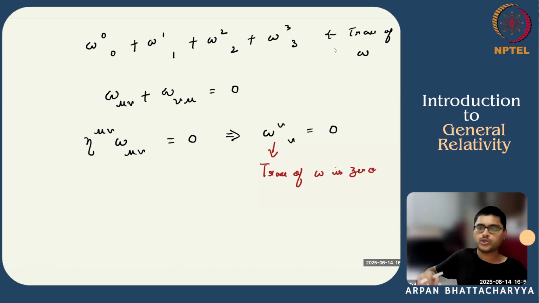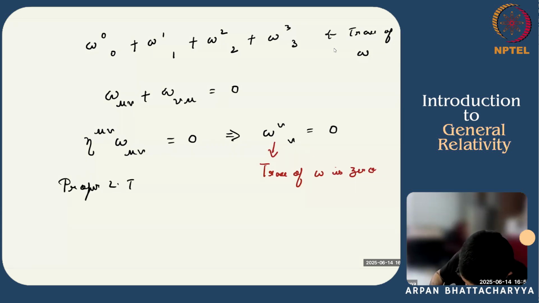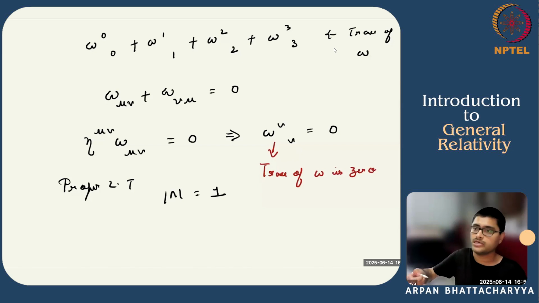Now we said that we can show the same thing by starting from the condition on the determinant of this proper Lorentz transformation. So for proper Lorentz transformation, we have determinant of it is 1. Now you can write this determinant using Levi-Civita epsilon and this component of lambda.